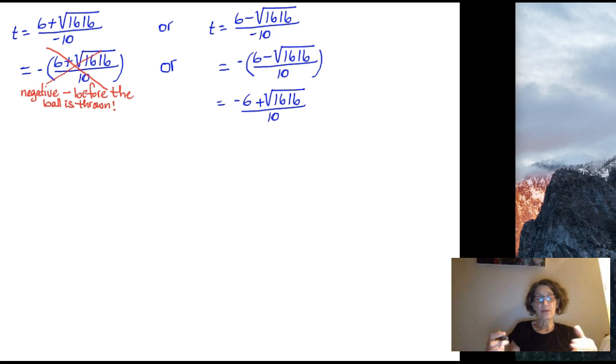So if you put that 1,616, take the square root, and then write down some number, and then later subtract 6 from it and divide by 10, you're rounding too soon. You're rounding before you're subtracting 6 and dividing by 10. I want you to leave the rounding till the very, very, very last step. So you're going to leave everything in your calculator.